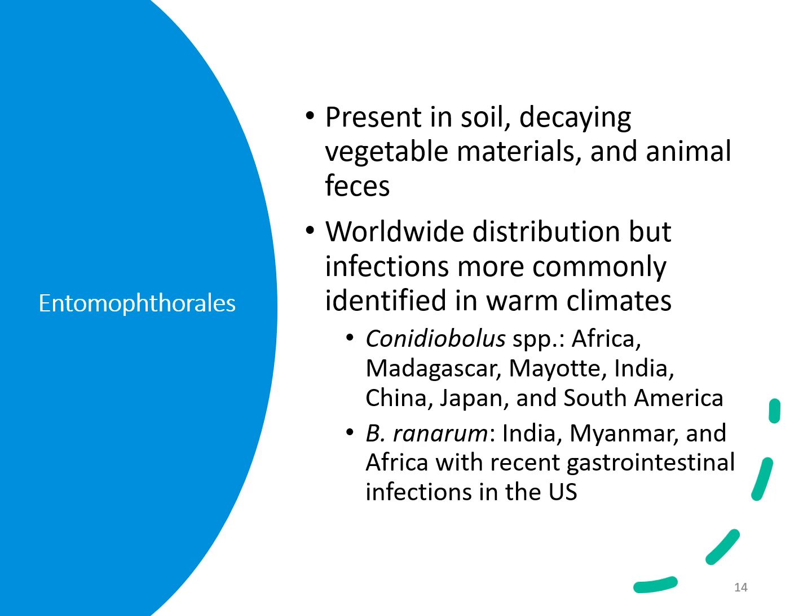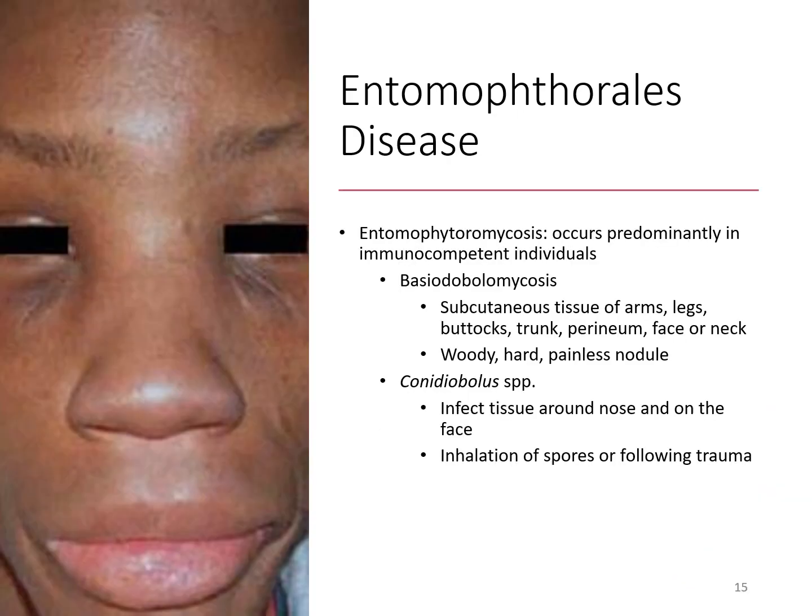The Mucorales are found in soil, decaying vegetable material, and animal feces. They are also found worldwide in warmer climates. Entomophthoromycosis infections primarily affect immunocompetent individuals.